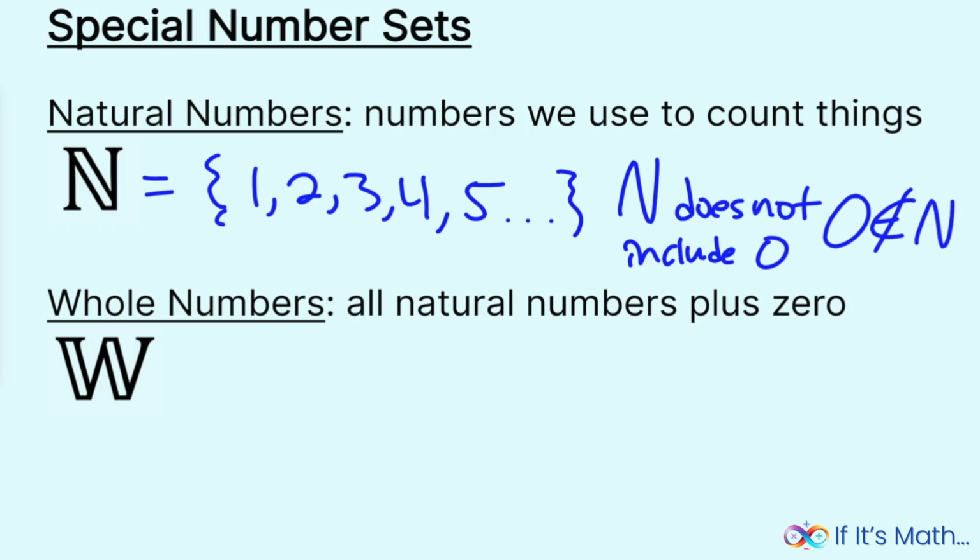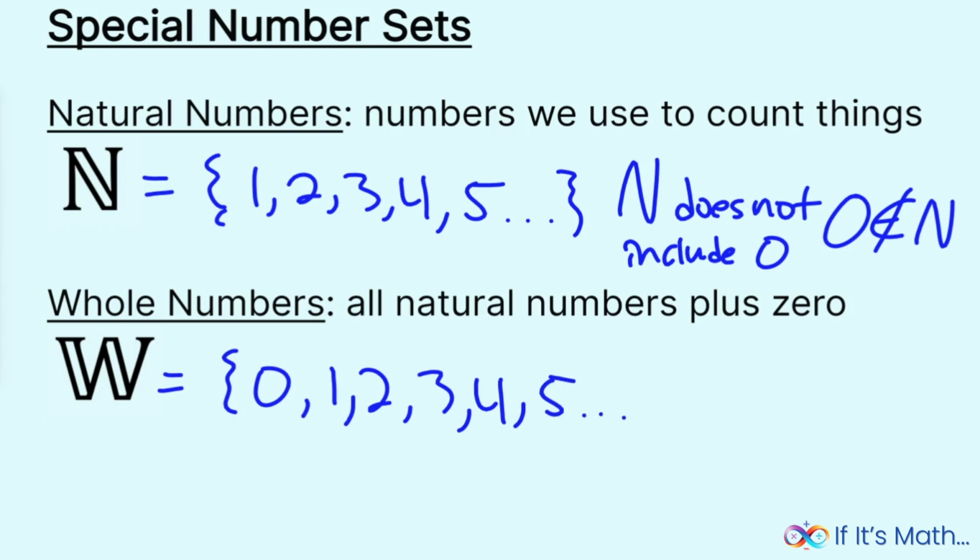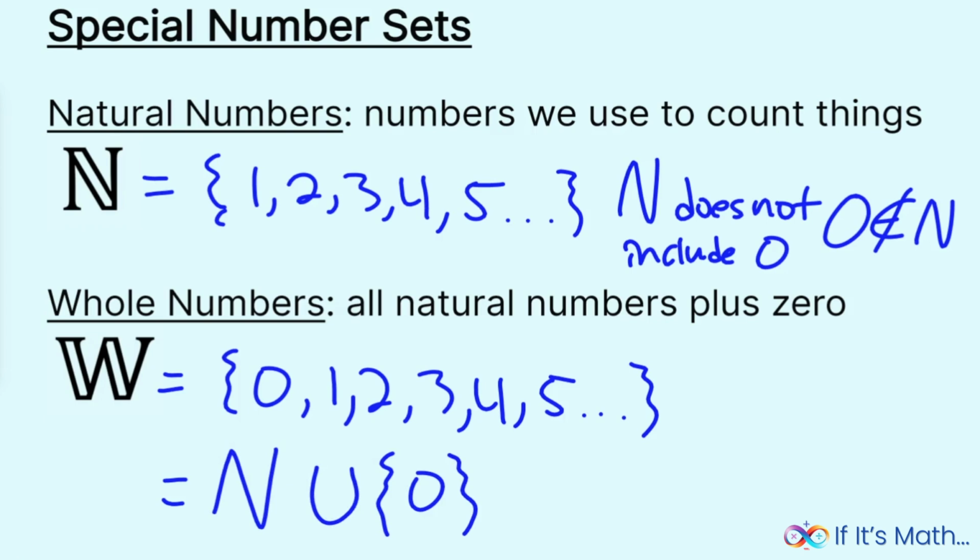Because if 0 is an element, what you're actually in then is your whole numbers. So these whole numbers is all of your natural numbers that we just talked about, and it also includes the number 0. So then if you think about all the members of that set, really, you're just adding in the 0. 0, 1, 2, 3, 4, 5, and so on forever. So another way, thinking about our set notation, is that W is also N union 0.